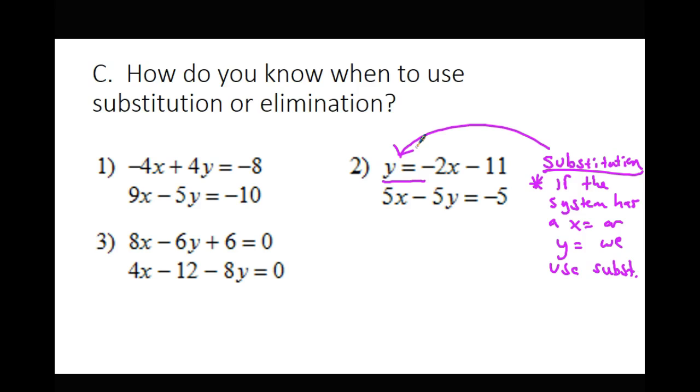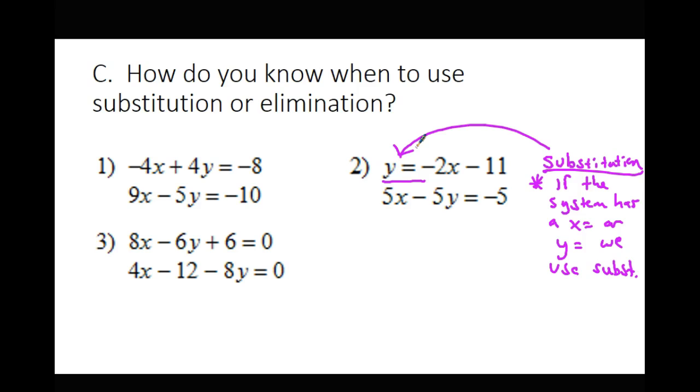Now the other method that we're going to learn about tomorrow is called the elimination method. The elimination method works whenever in your system of equations your x's line up, your y's line up, and the numbers line up. Take a look. Which one of these has the x's, y's, and numbers lined up?